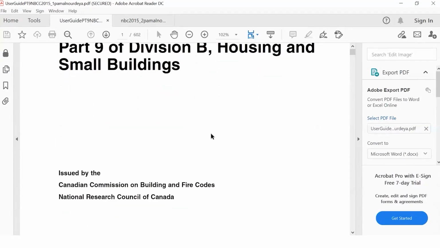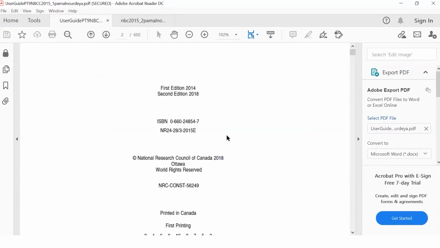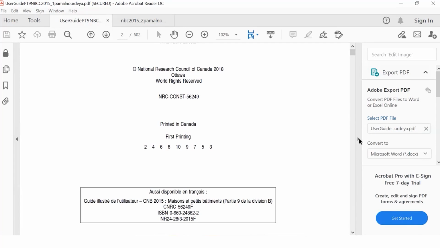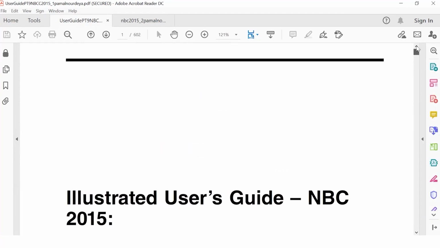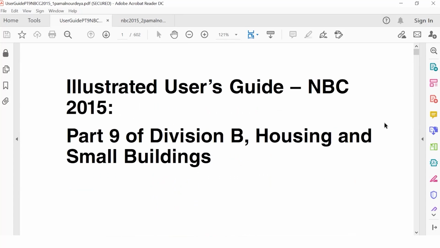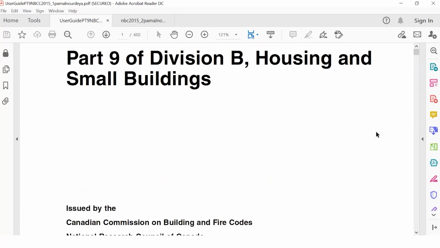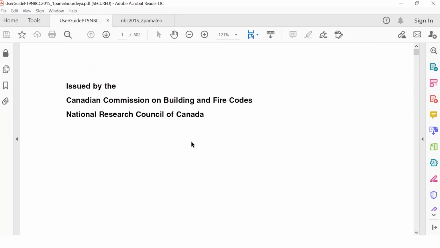So this is the illustrator's guide, and I got the electronic copy of it. It's the Illustrator's User's Guide NBC 2015 Part 9 of Division B Housing and Small Buildings, issued by the Canadian Commission on Building and Fire Codes and the National Research Council of Canada.